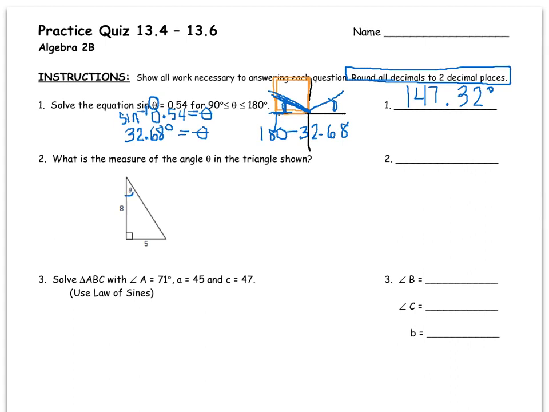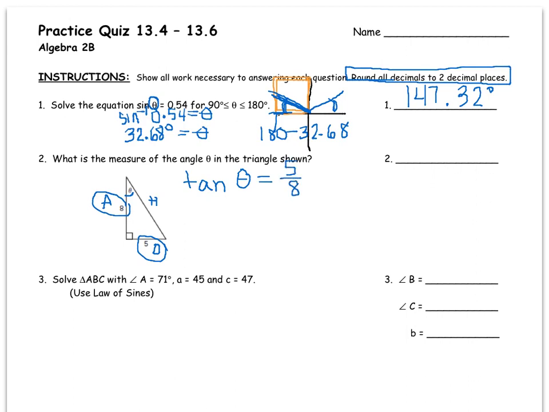Number 2 says, what's the measure of angle theta in the triangle shown? So here's my theta. If I label my sides, this is my hypotenuse. Across is my opposite. And next to my angle is my adjacent. So I know I have an adjacent and an opposite side, so I can say the tangent of theta equals opposite over adjacent, so 5 over 8.